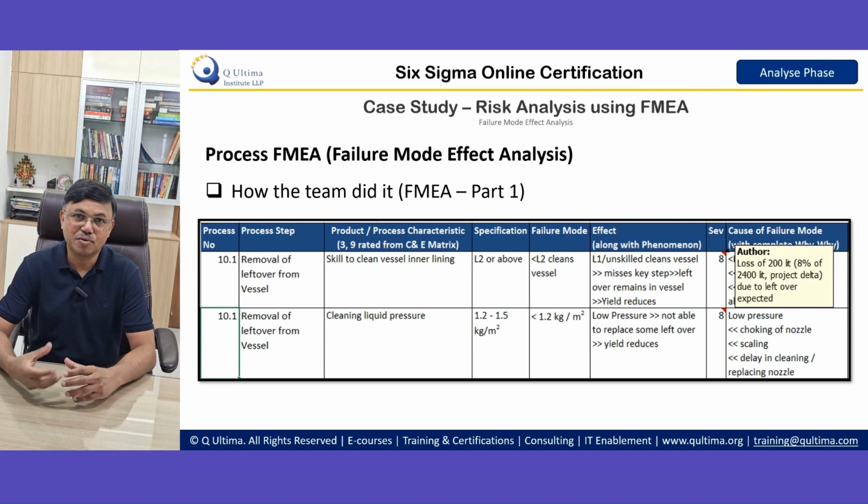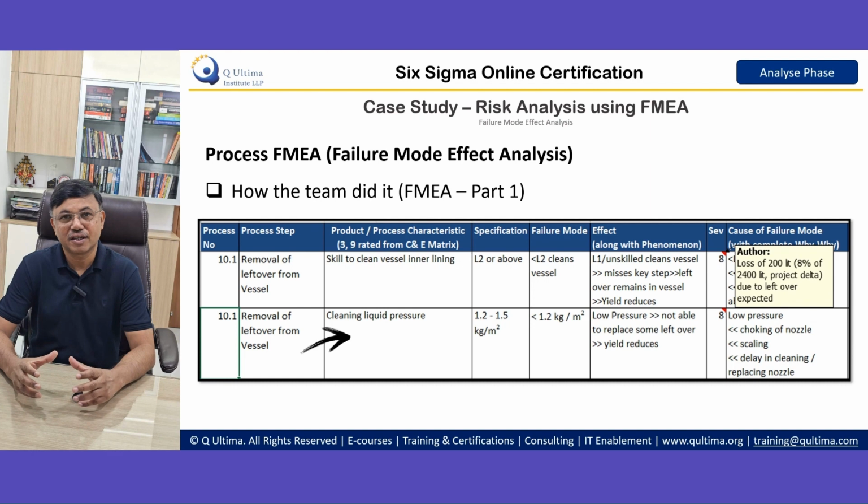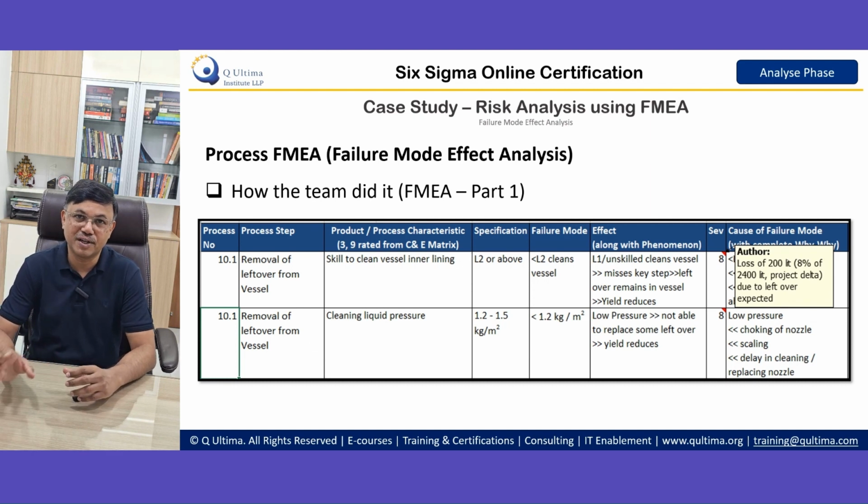In the same way, when we talk about cleaning pressure, whenever the pressure reduces from the specified level, it is called a failure mode. Now, when it reduces, the previous leftover material is not removed because of the low pressure. And again, the team found that if this is not removed, the yield is lost, which is again about 200 liters, which is 8% of the project delta, and again a rating of 8.